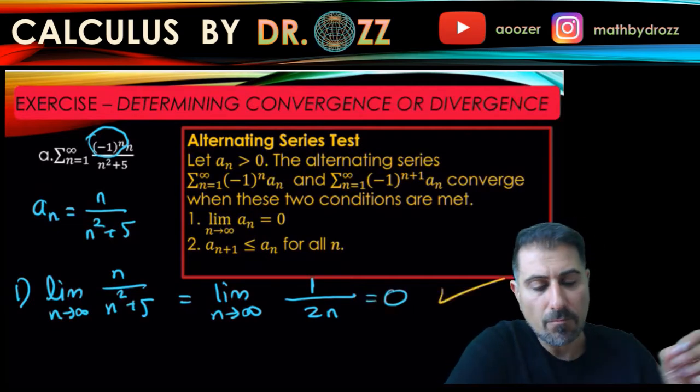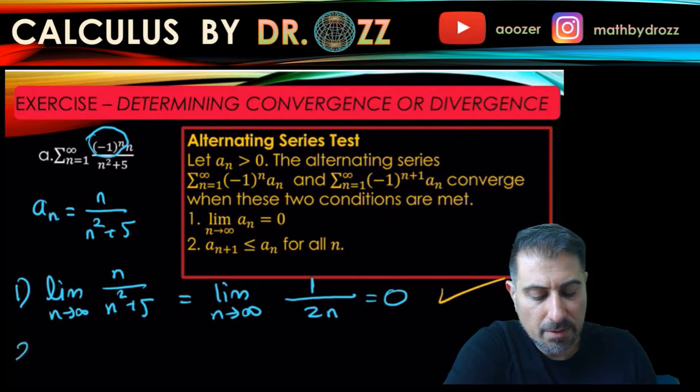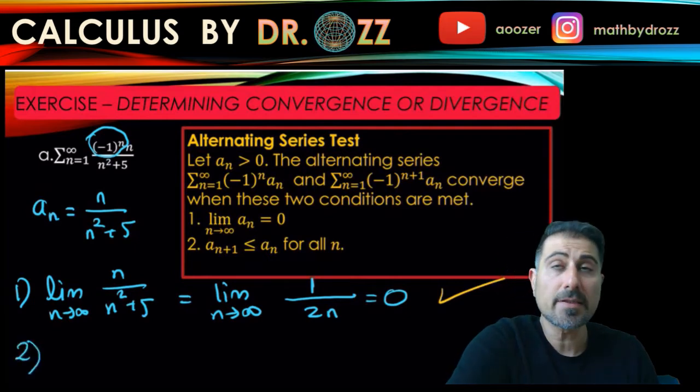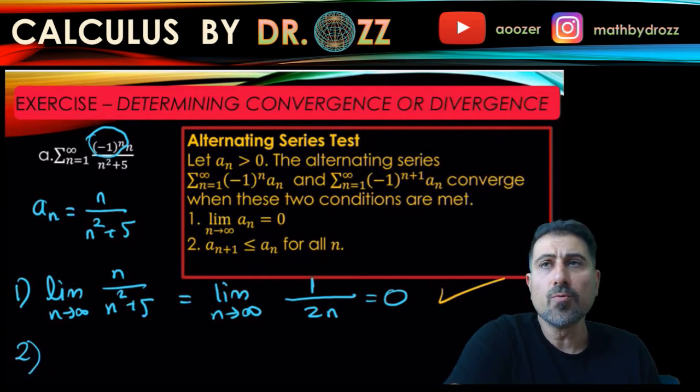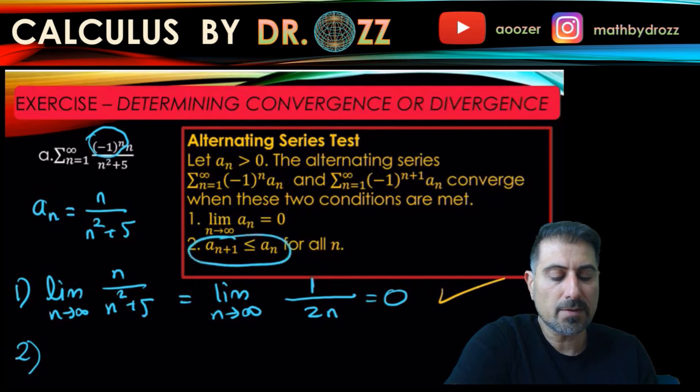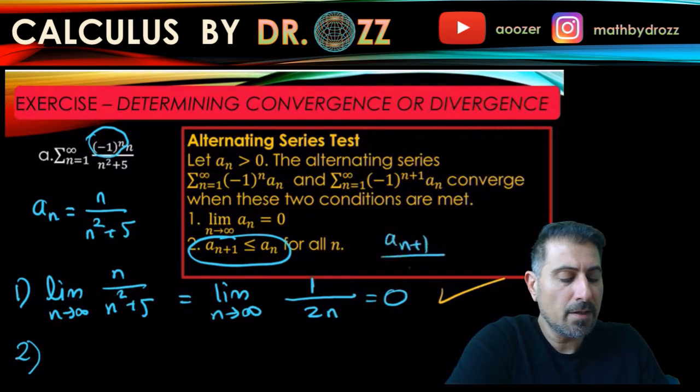The second condition is to prove that a_n is decreasing. There are alternate ways to do that. You can look at the inequality a_(n+1) less than a_n, which is essentially the same as proving a_(n+1) over a_n is less than 1.